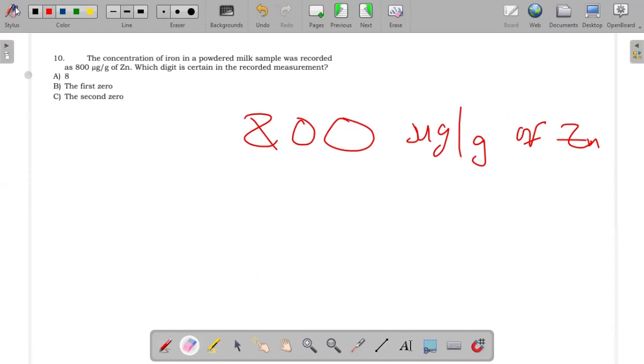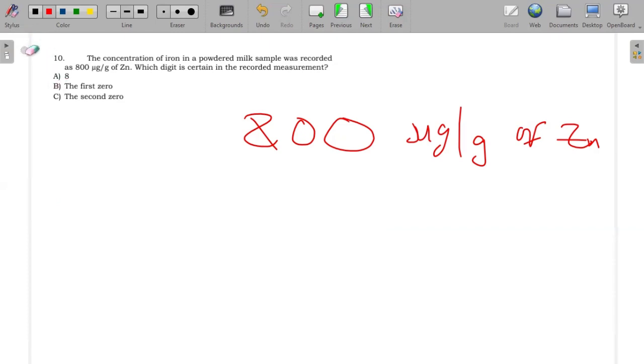There is no certain digit. Okay, so why are you saying there's no certain digit there? Because only 8 is a significant figure and 8 is the first one. Exactly. Excellent. Because this number has one significant figure. In my explanations, I said if you have one significant figure, then you don't have any certain digit.